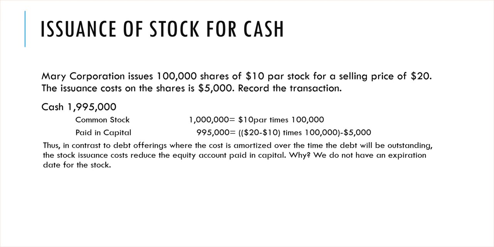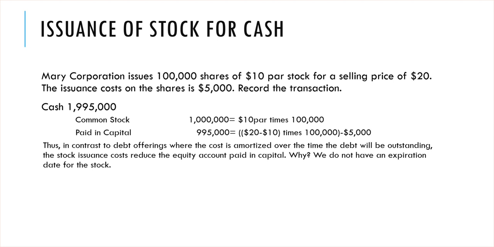This 5,000 takes a direct hit to equity. In other words, it immediately reduces the equity from that stock offering. The cash coming in is not 2 million. The cash coming in is 5,000 less, and it comes out of paid in capital common stock.